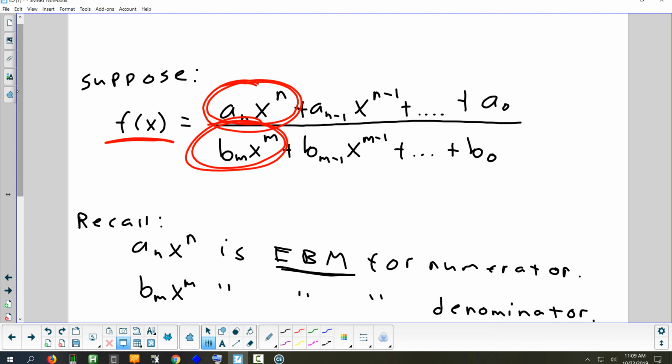Oh, that just stands for, like, a sub 5 would be the constant in front of the fifth, the term with a coefficient of, let me say it again. A sub 5 would be the coefficient of the term that has an exponent of 5. A sub 3 would be the coefficient of the term that's the cubed term. A sub 2 would be the coefficient of the term that's squared.